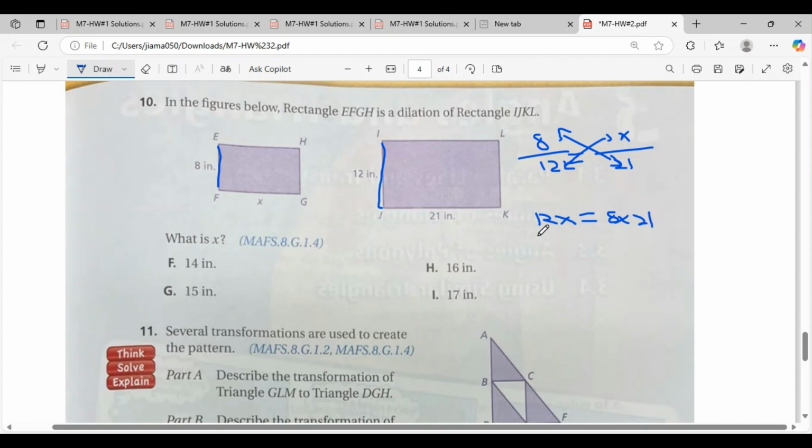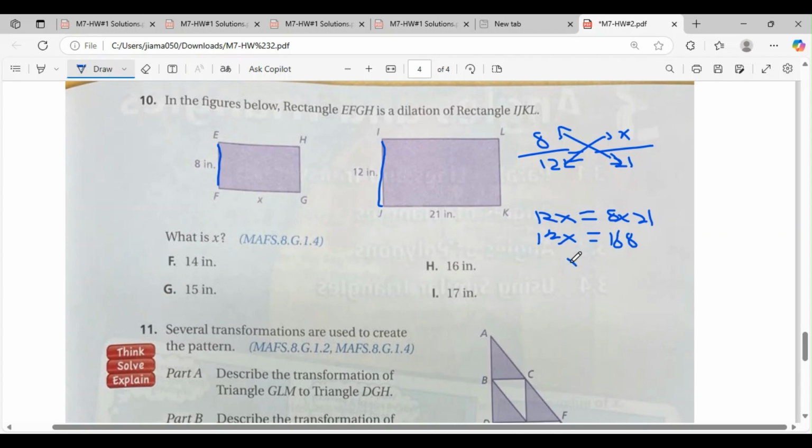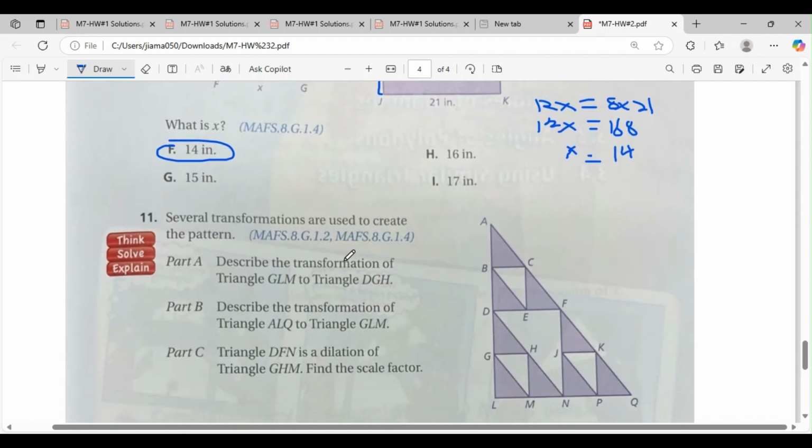Okay, so 12x equals 168. Okay, so 168 divided by 12 is 14. Okay, so x is 14, which is F. Okay, let's see next.